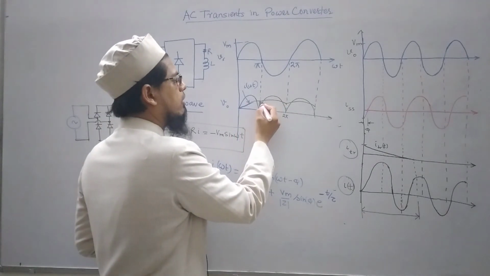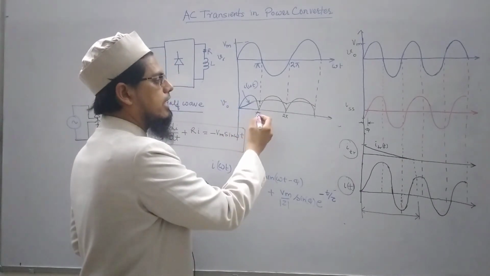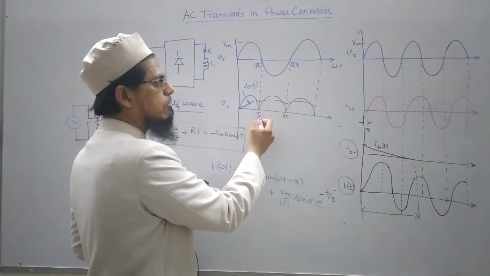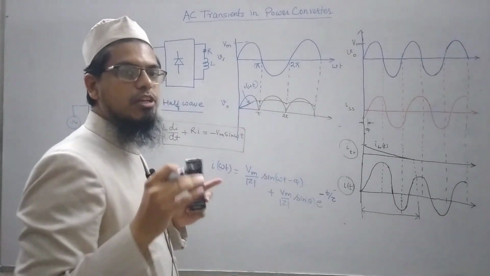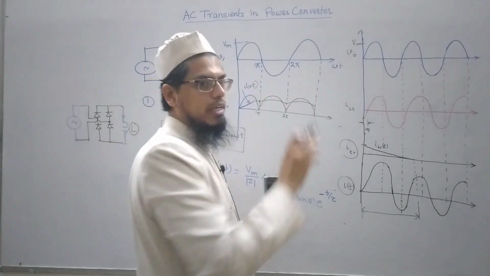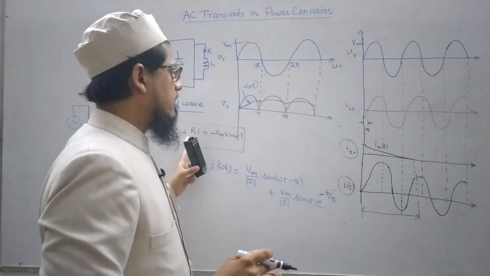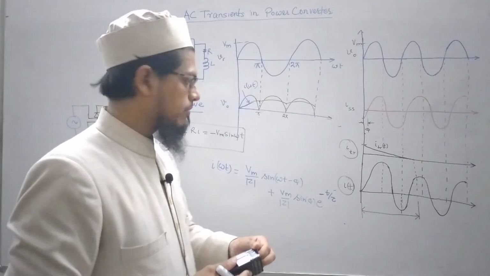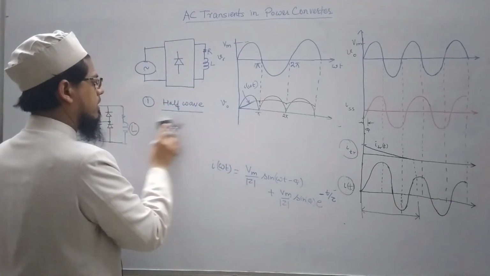Definitely we have to find the value of current at the end of this positive half cycle at omega t equals pi, and that would be the initial value of the current in the cycle pi to 2 pi, and that would be used in this equation.